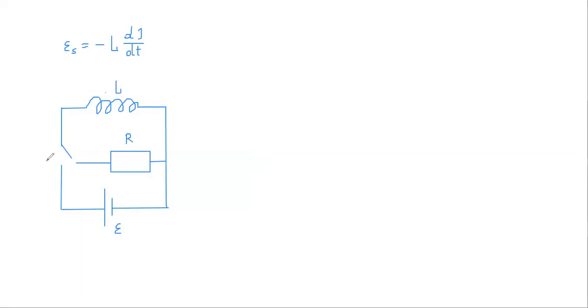Here we have a switcher key, and this switcher can be used to close this part of the circuit, or this part of the circuit. So we can change different parts of the electric circuit by using this switcher key.